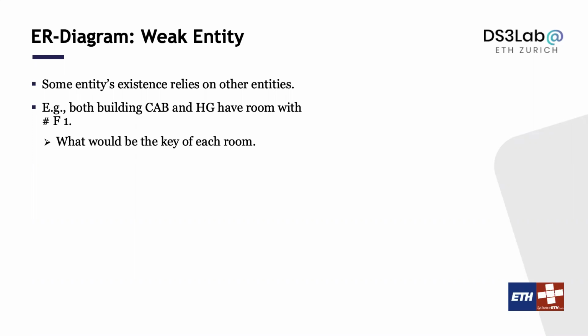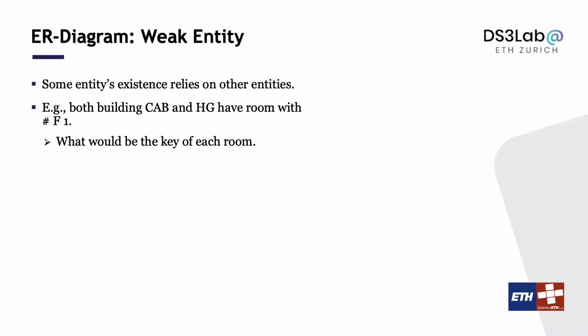So the question is, because both of these two rooms, one in CAB and one in the main building, have the room number F1, what is the key for the room entity? Clearly, I cannot use the room number as the key because I could have two rooms with the same room number.